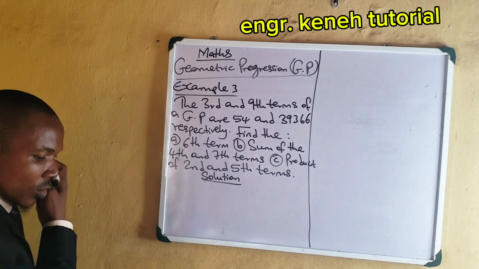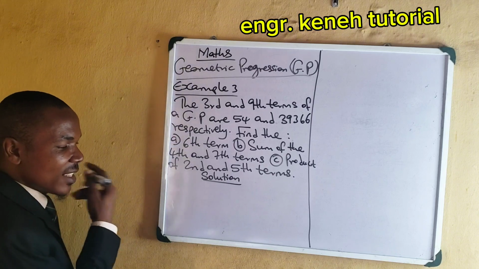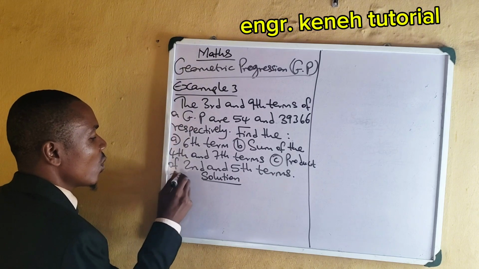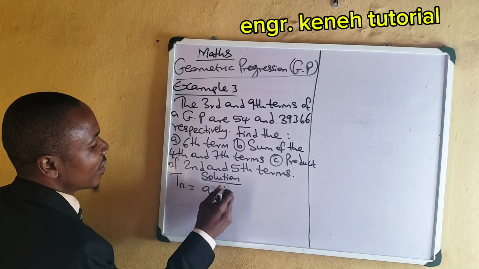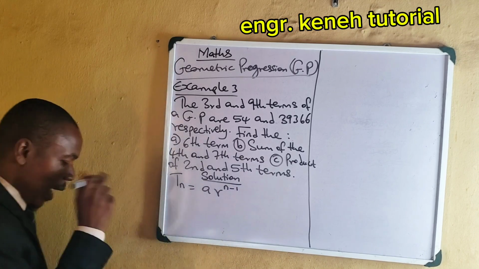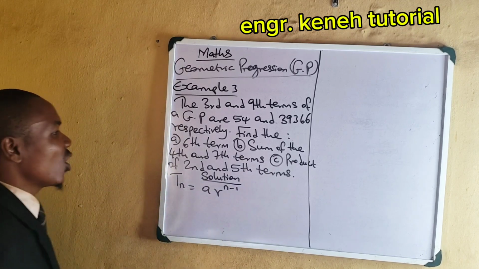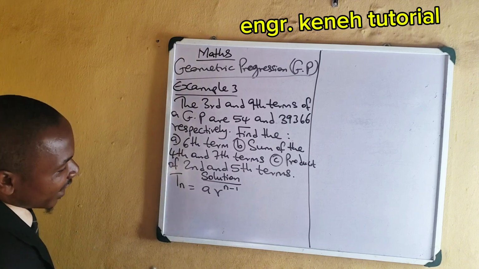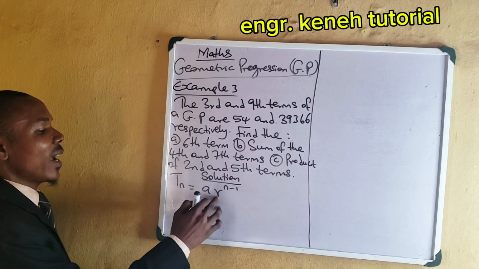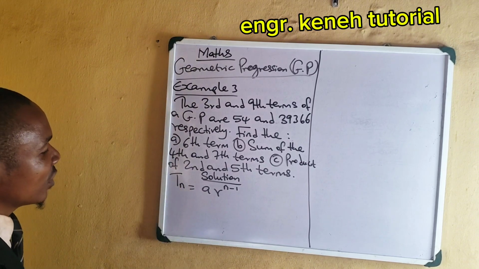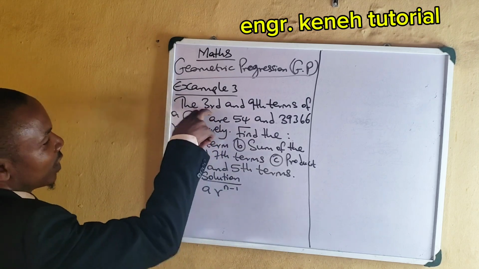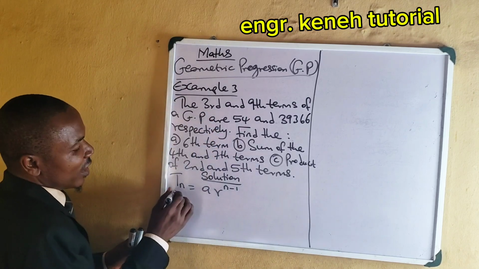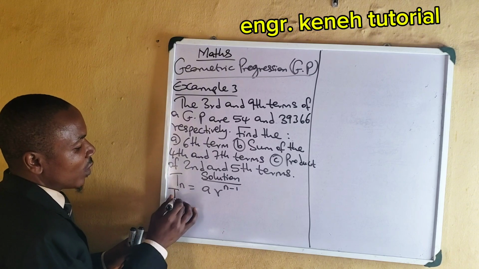All right, so I told you that if you want to find the nth term of a GP, we use this formula, where n means the number of terms that you are talking about, a is the first term, while r is what? The common ratio. So if you are talking about the third term, it means that n should be 3.